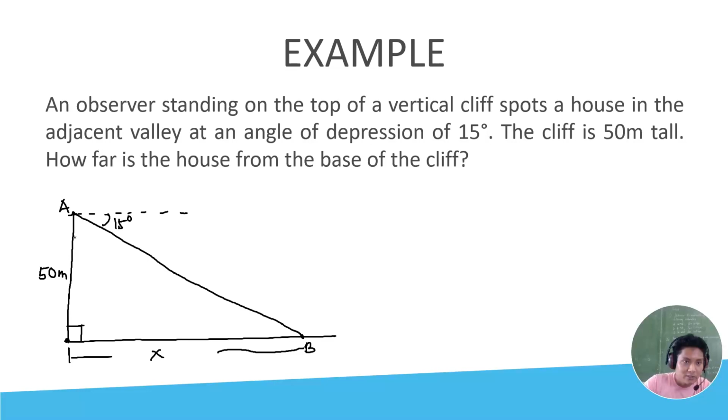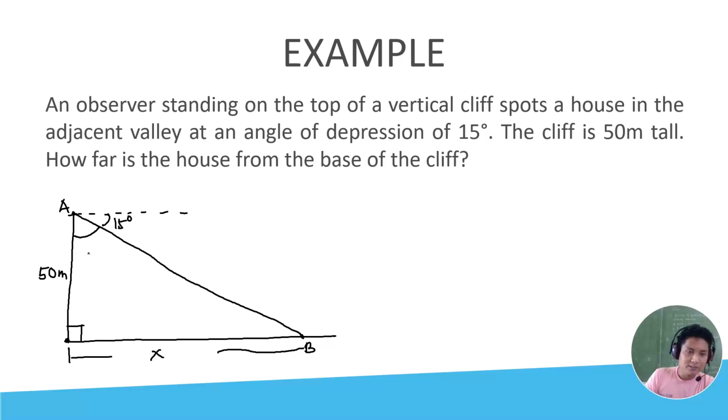This interior angle of the triangle and the angle of depression of 15 degrees are adjacent, and since we have a vertical cliff and a horizontal line of sight as the reference direction for the angle of depression, we can form a right angle.